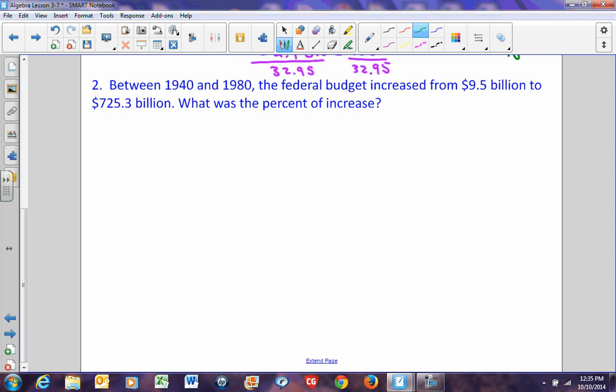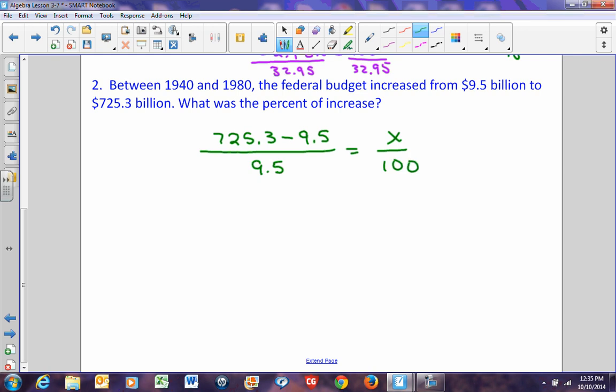Number 2 here. Between 1940 and 1980, the federal budget increased from $9.5 billion to $725.3 billion. That's a very big increase. What was the percent of increase? Let's figure out how much increase it was. So you do the amount of change, so that's going to be 725.3 minus 9.5 over the original, which was 9.5, equals x over 100.